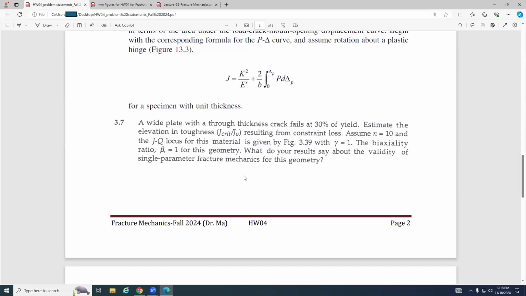However, for large scale yielding, LSY, as opposed to small scale yielding, SSY, large and small refer to the plastic zone. For large scale yielding, we have options to solve the problem and characterize it with two-parameter models.